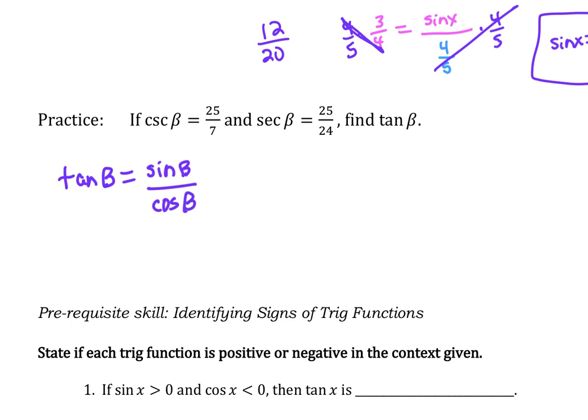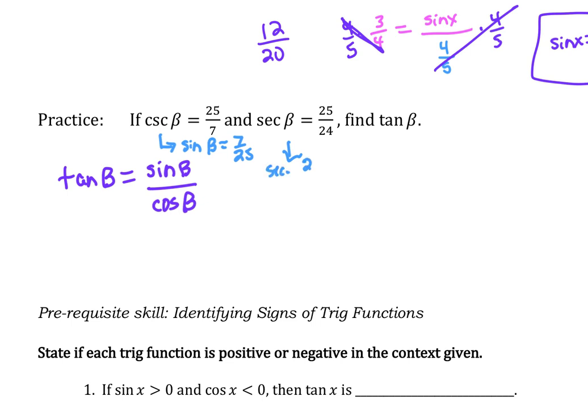And then what Will was noticing is that we're told what the cosecant of beta is, and if we know the cosecant, then we can figure out the sine, because we can flip that. And if we're given the secant, we can flip that.